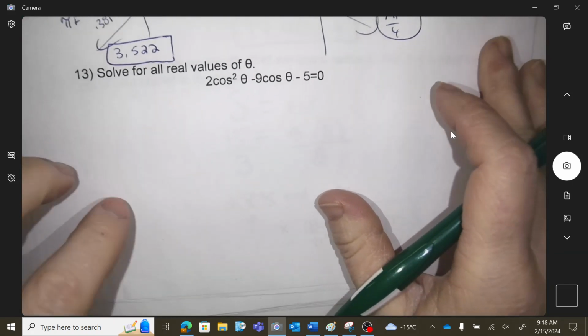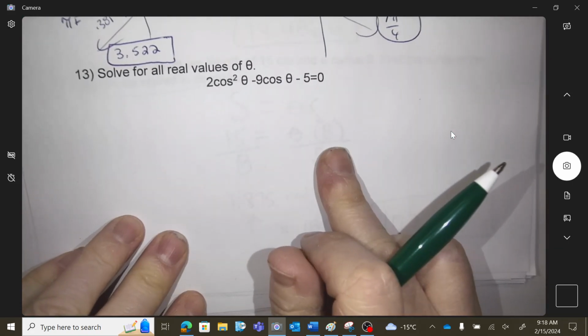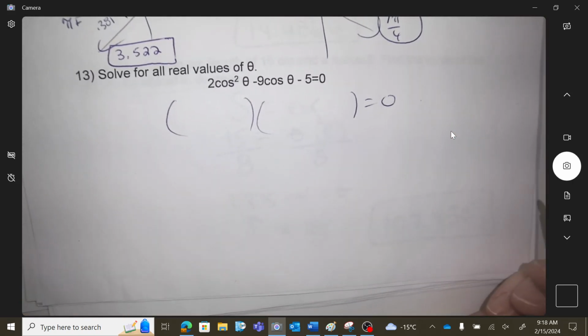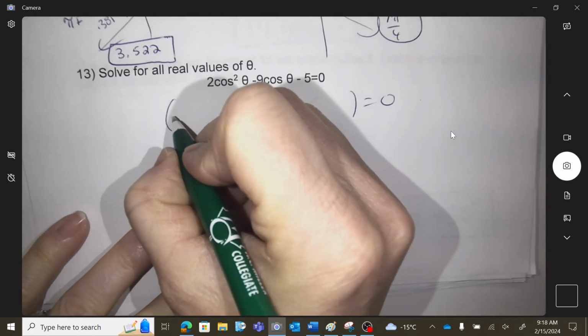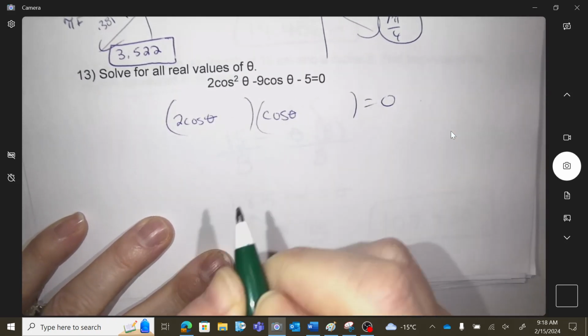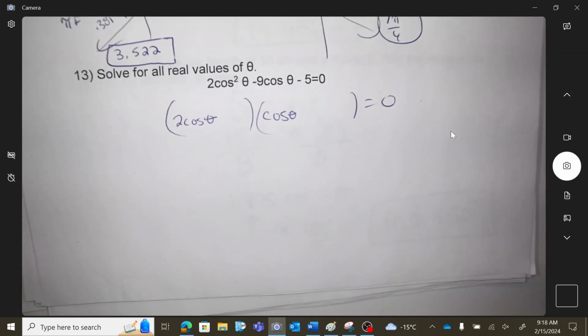Okay, last one. So I have a 0, I have 2 variables. I'm going to try to factor. So that has to be a 2 cos and a cos.